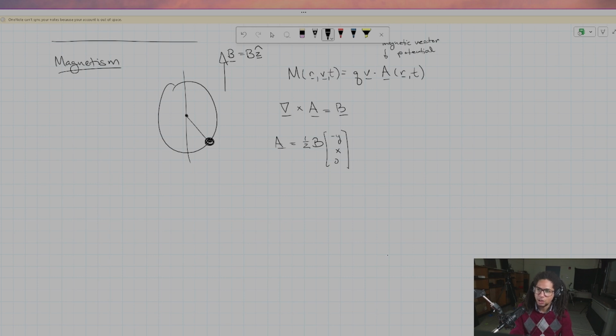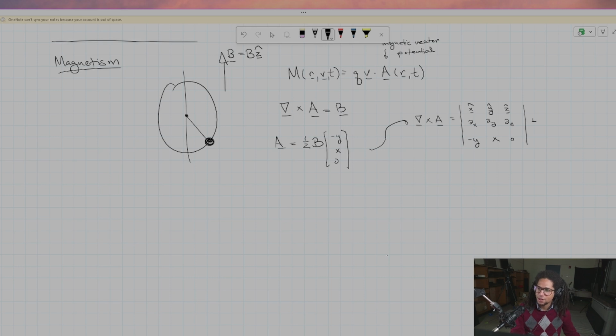And let's just really quickly check that that works. So if we do del cross A, we know that what we need to do is take our cross product of A, where the first vector in the cross product is the vector of partial derivatives. So it's like the determinant of x hat, y hat, z hat, partial x, partial y, partial z, and then minus y, x, 0.